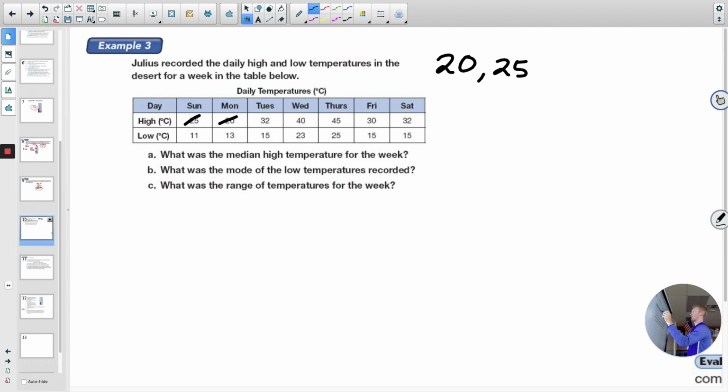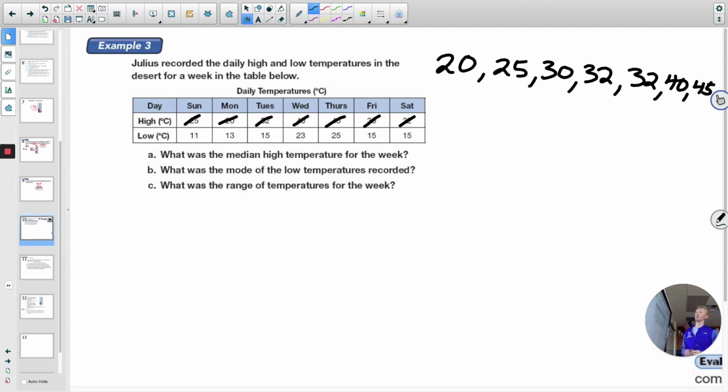Next I see 30. Next I see 32. And another 32. And 40. And 45.